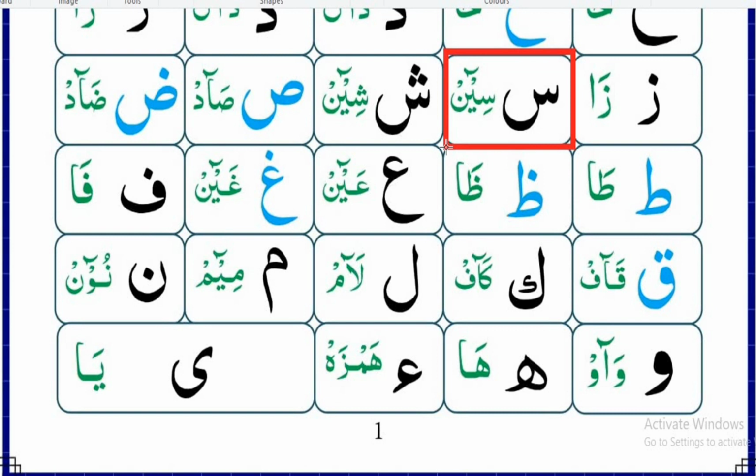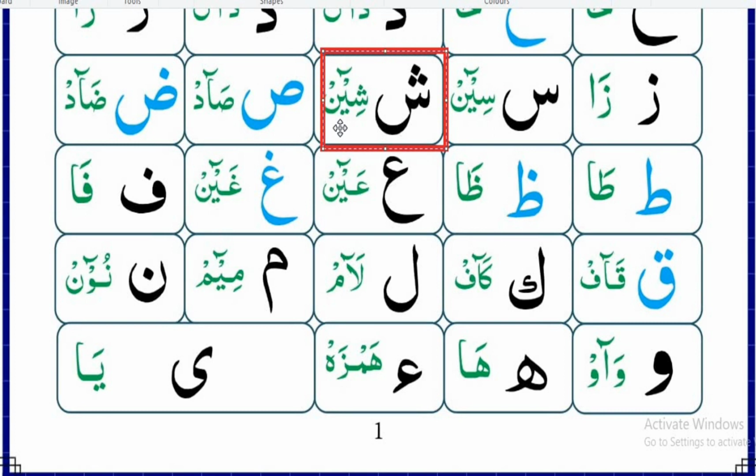Again, we have two letters of the same shape. The first one does not have dots and the other one has three dots on top. The first one without the dots is called seen, and the other one with three dots on top, the shape is exactly the same.